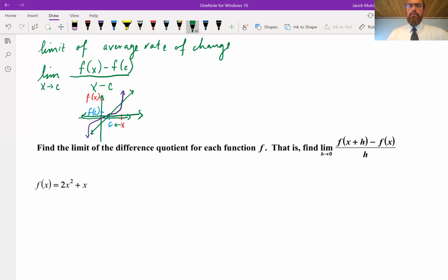Let's see how the limit of a difference quotient compares to that limit of average rate of change. So we'll just write it here to the side. The limit of the difference quotient. Again, we'll start with a graph just to distinguish these two expressions from one another.